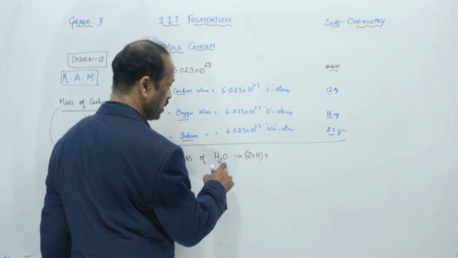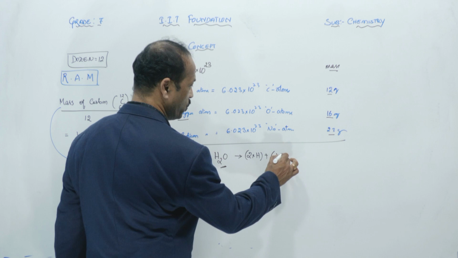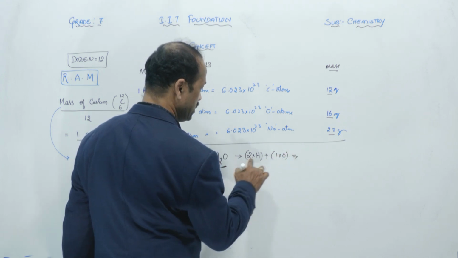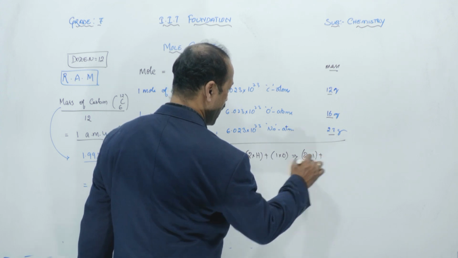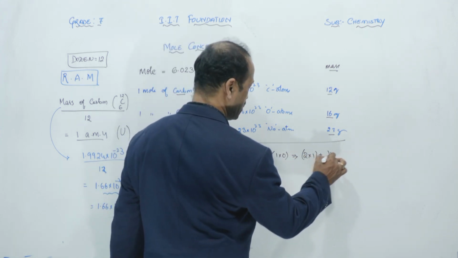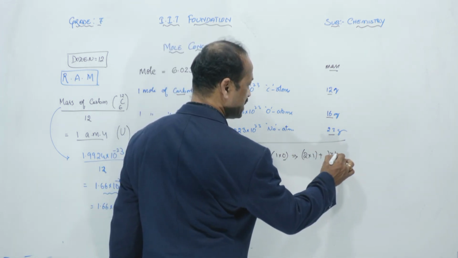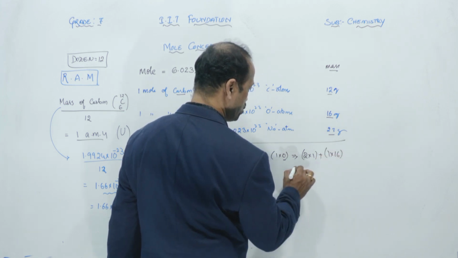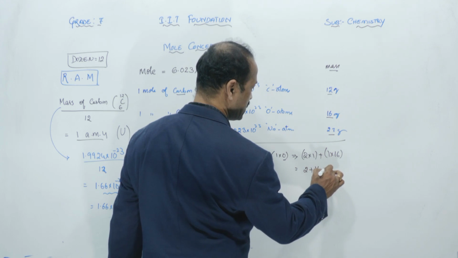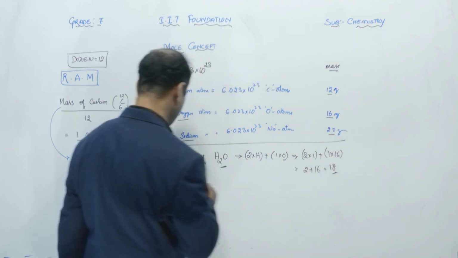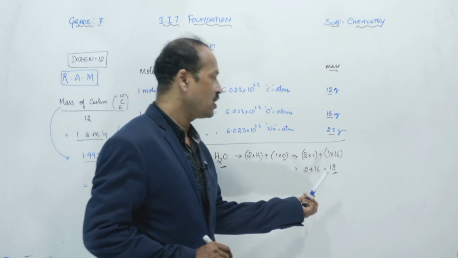How many oxygens are there? 1 oxygen. So 1 into oxygen. So that is 2 into hydrogen mass number 1, and 1 into oxygen mass 16. Now how much does it come to? 2 ones are 2 plus 16 ones are 16, equal to 18. So this is the molecular mass of water.